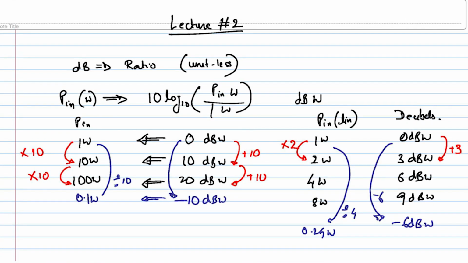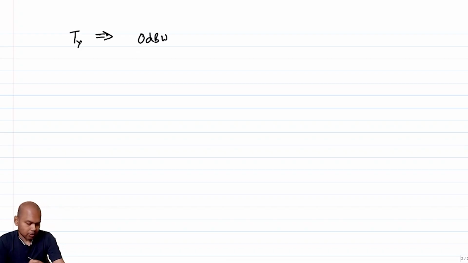Another thing that you should keep in mind is, let's say I have an antenna or a transmitter that is sending out 0 dBW power. Transmitter 1 is sending out 0 dBW power. Transmitter 2 is sending out 30 dBW power.